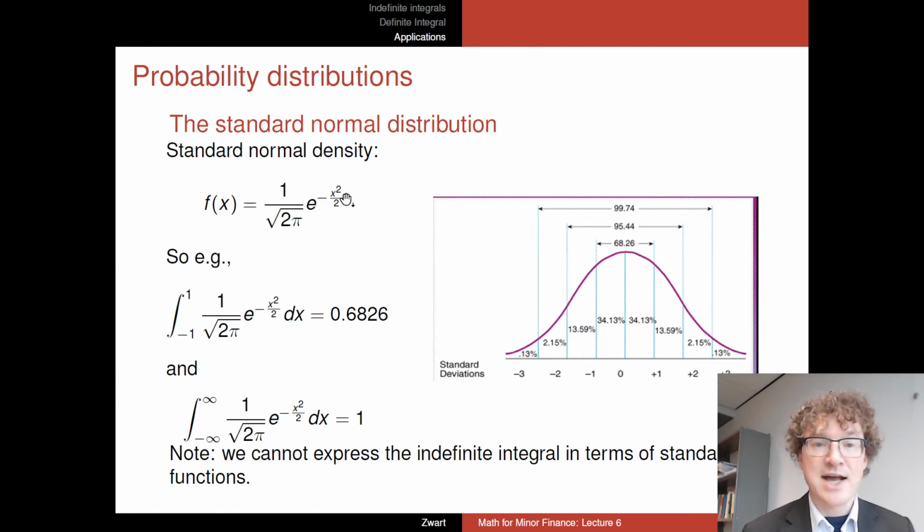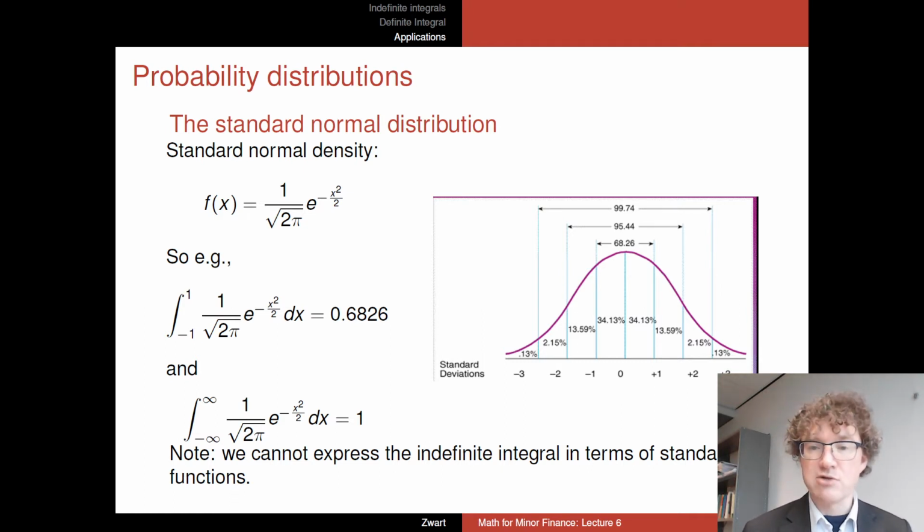So you see that as x gets either very big or very small, you get e to the power minus something big. So it goes to 0, and it's highest actually when x equals 0, which corresponds to basically the middle of this graph, where this function reaches its highest point. So indeed, we can compute the area between -1 standard deviation, because the standard deviation of the standard normal distribution is 1.